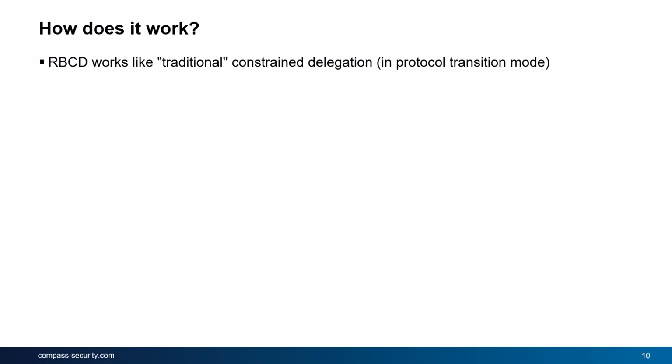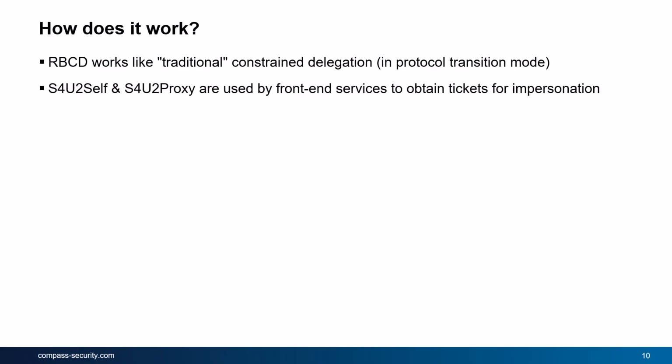Now, how does it work behind the scenes? Resource-based constraint delegation is essentially the same mechanism-wise as constraint delegation, especially in the protocol transition mode. That means the system that performs delegation is using S4U2Self and S4U2Proxy in combination to get a ticket in the name of a user to perform the impersonation.